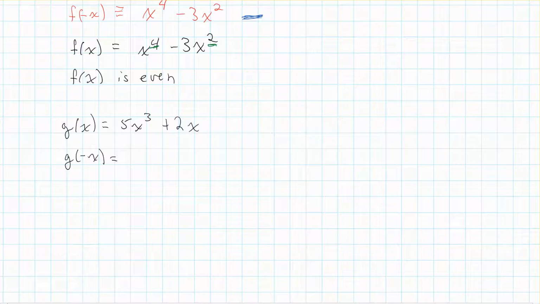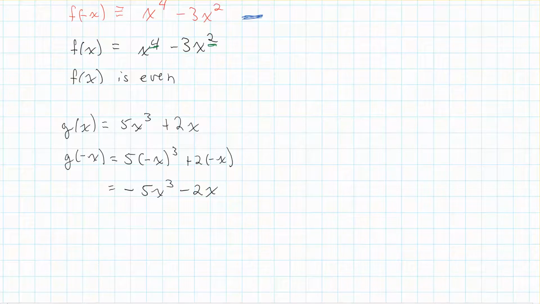Well, g at negative x would be 5 times negative x to the third power plus 2 times negative x. Well, of course, negative 1 to the third power is still negative, so this would be negative 5x cubed minus 2x. Now, clearly we can see this is not the same thing as g at x. I've got negatives and positives here, so this is not going to be even.